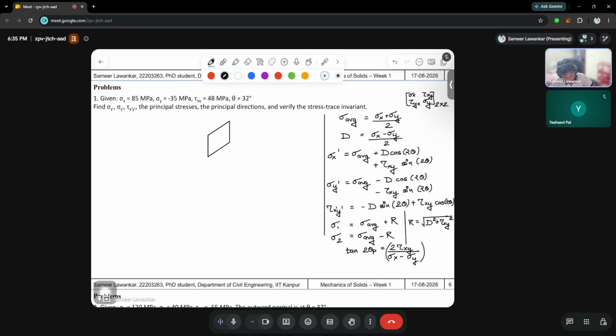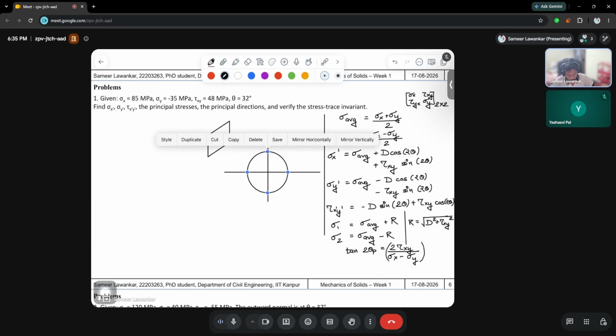There is a concept which we will understand in subsequent lectures regarding Mohr circle. So what is actually Mohr circle? Mohr circle is basically used to find out all the different stresses acting upon a particular point, but at different orientations. So when you rotate the orientation at which you want to calculate the value of sigma x, sigma y, and tau xy, or basically sigma and tau, you actually get different values.